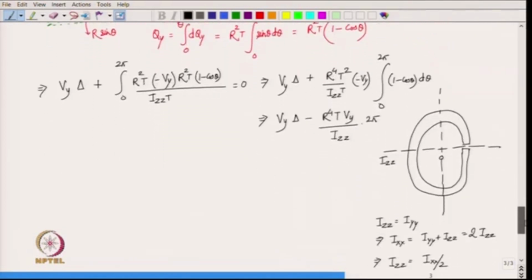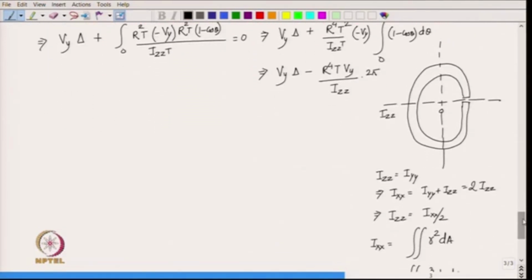Okay. So, let us plug it in the formula over here, and this has to be equal to 0. So, this means Vy into delta minus r to the power 4 into t into Vy into 2 pi divided by Izz, that is pi r cube into t.